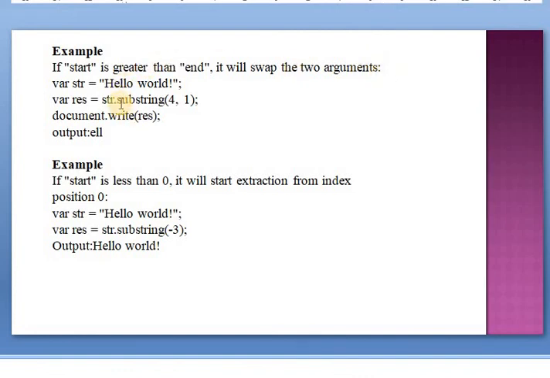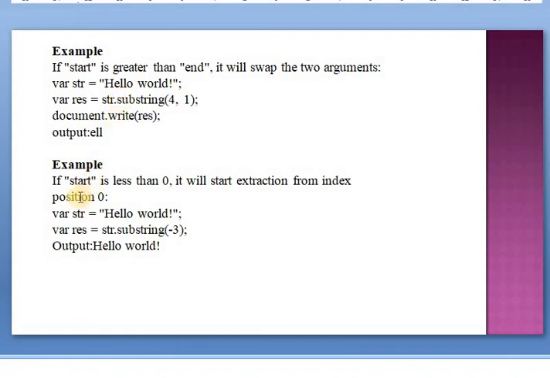Here in this example, suppose you pass 4, 1, meaning start is greater than end, so it returns ELL, that is 1, 4. It starts at position 1 and ends up to 4, so it returns ELL, meaning it swaps the two arguments.